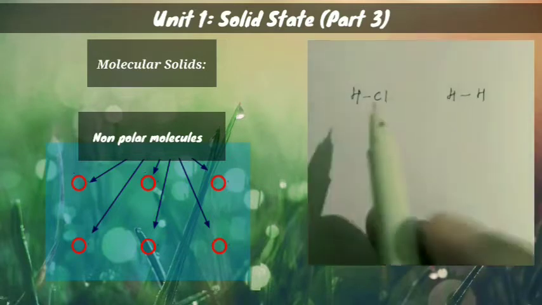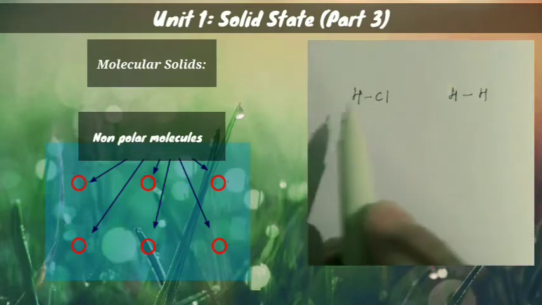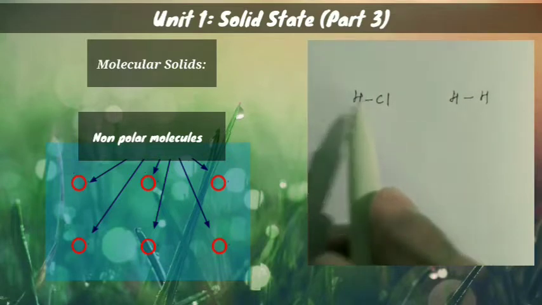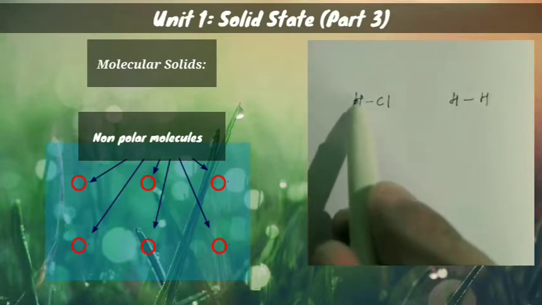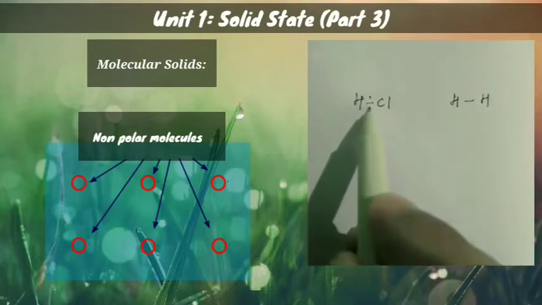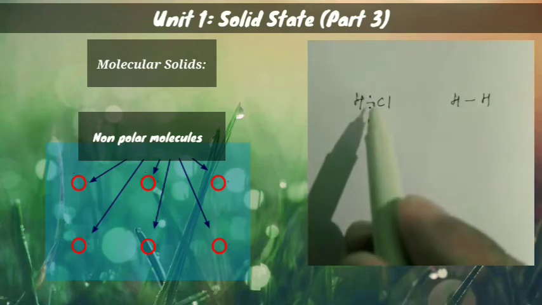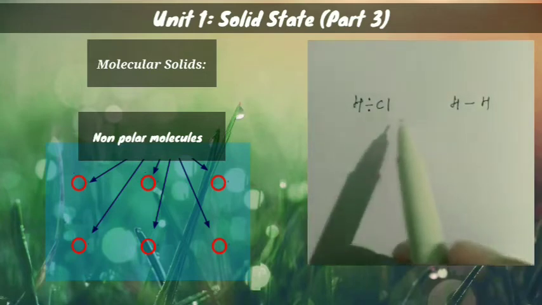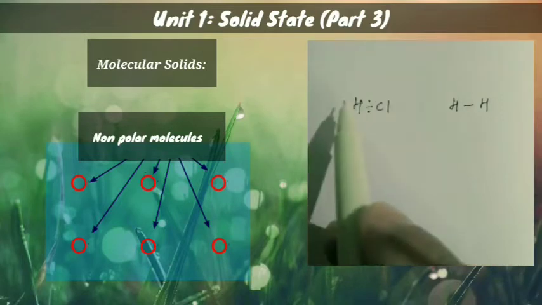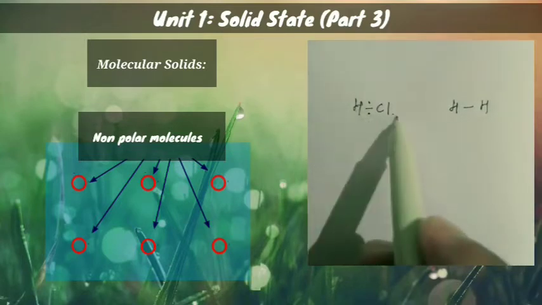We know that this bond is a covalent bond. Why covalent? Because one electron comes from hydrogen and one electron is donated from chlorine, and these two electrons are shared between hydrogen and chlorine to form that bond. In a covalent bond, the electrons are shared between the constituent atoms.